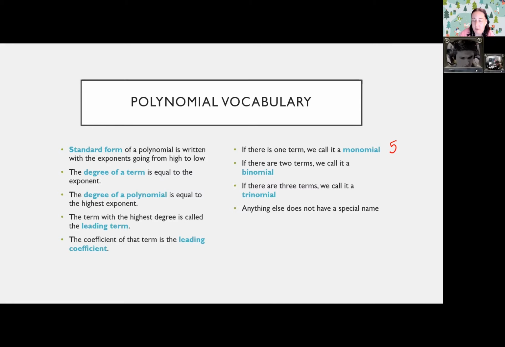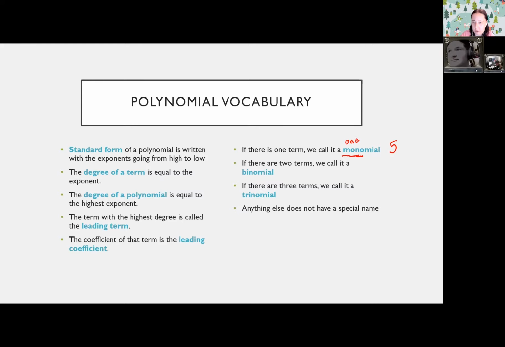It is technically a polynomial, and it's a monomial. So the mon part, or the mono part, means 1. So like a monorail at Disney World actually just has one rail that it's on. Another thing, nobody wears monocles anymore, but that was just one eyeglass. So that word mono means 1.